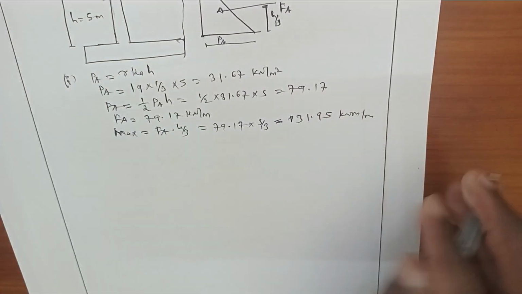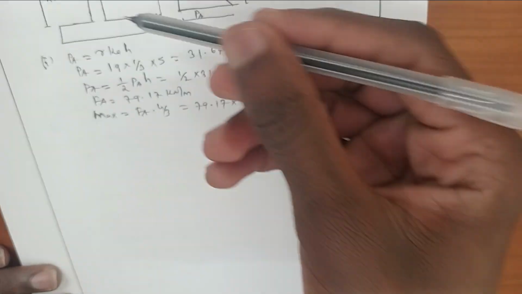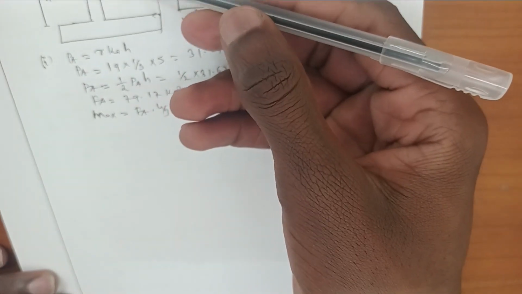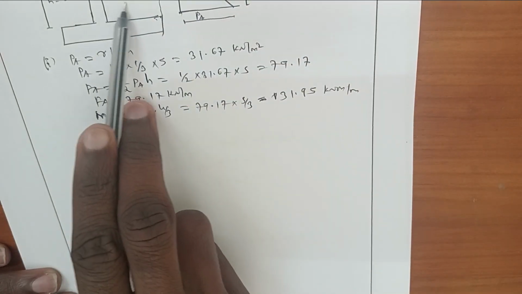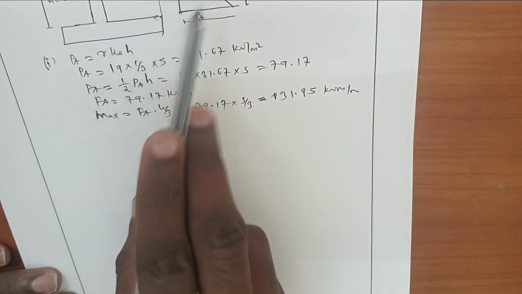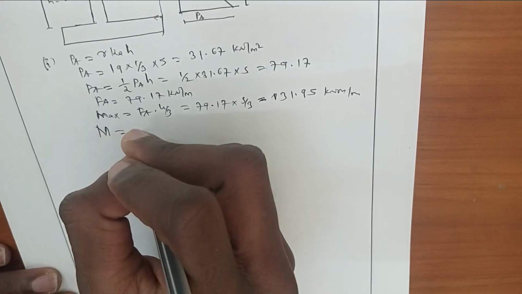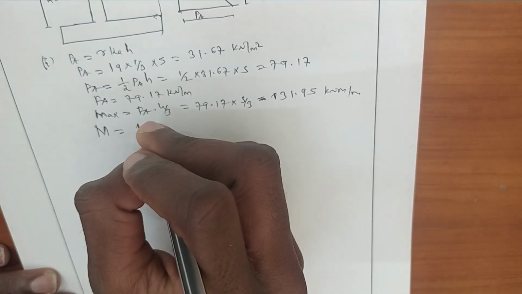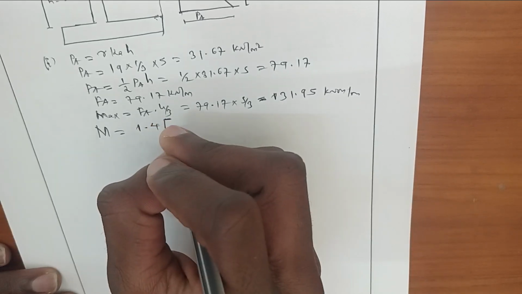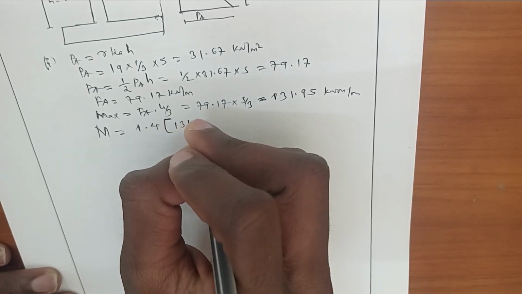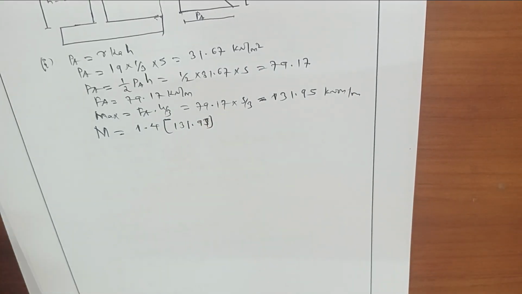So to obtain, because we are going to design for the reinforcement, and this retaining wall is subjected to unit weight of this structure. So we multiply by the factor of safety for the dead load. So the design moment will be equal to factor of safety, which due to the self weight, which is for dead load, times this maximum moment, which is 131.95 times 1.4.